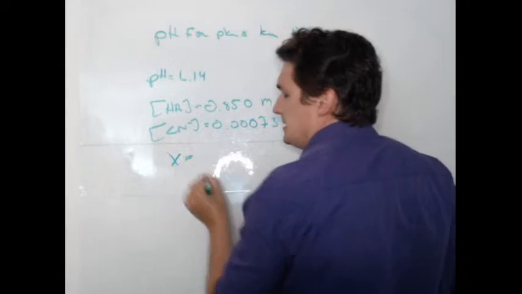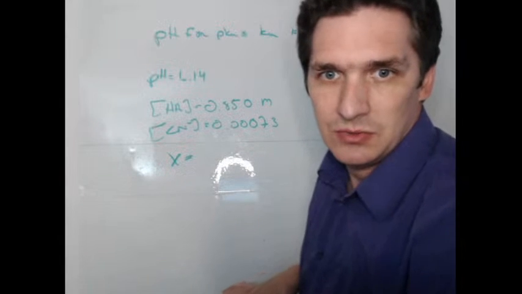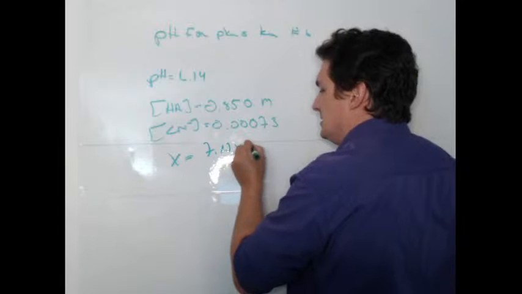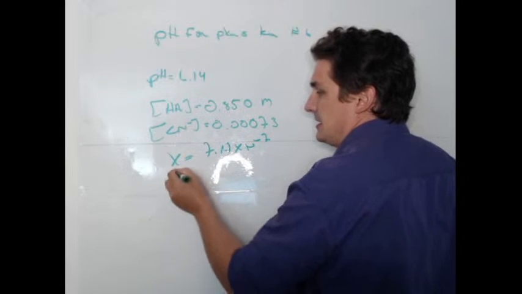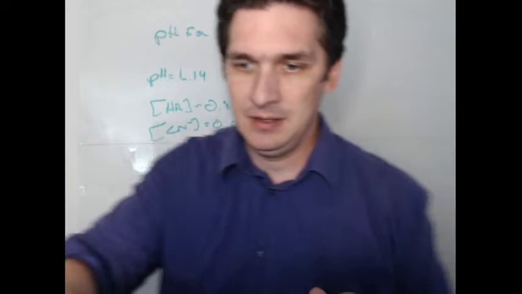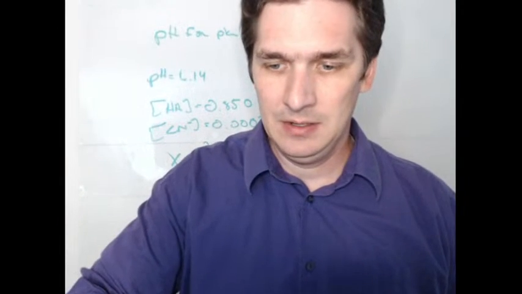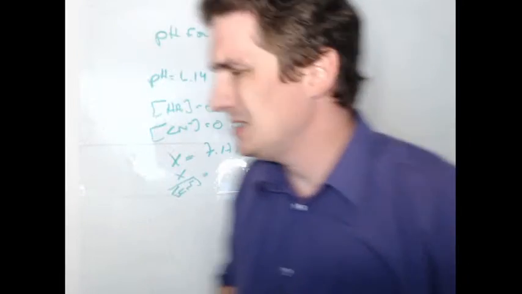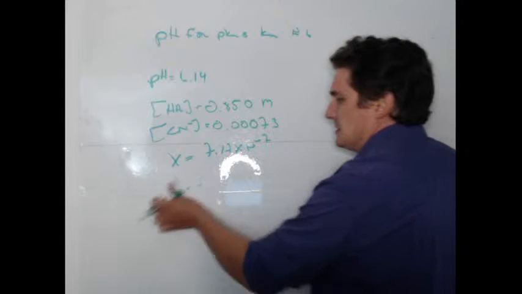So X in this case, the extent of reaction, is 7.17 times 10 to the negative 7. If we divide X by the cyanide concentration, it's small, 0.1%, but let's see what happens.